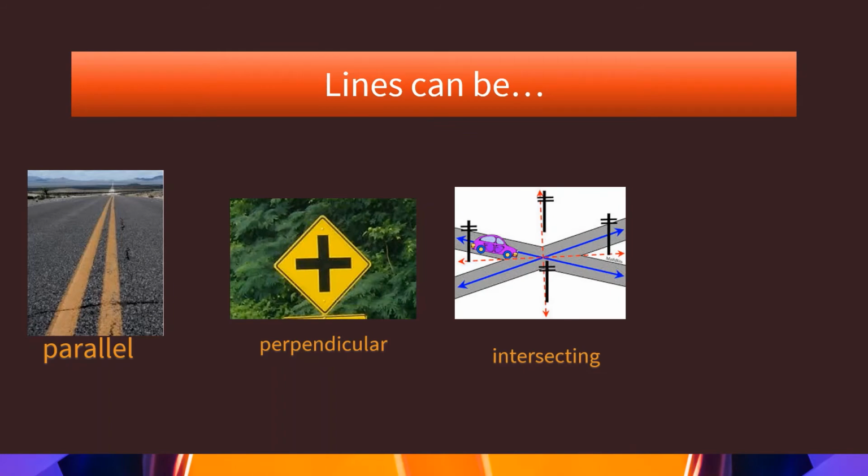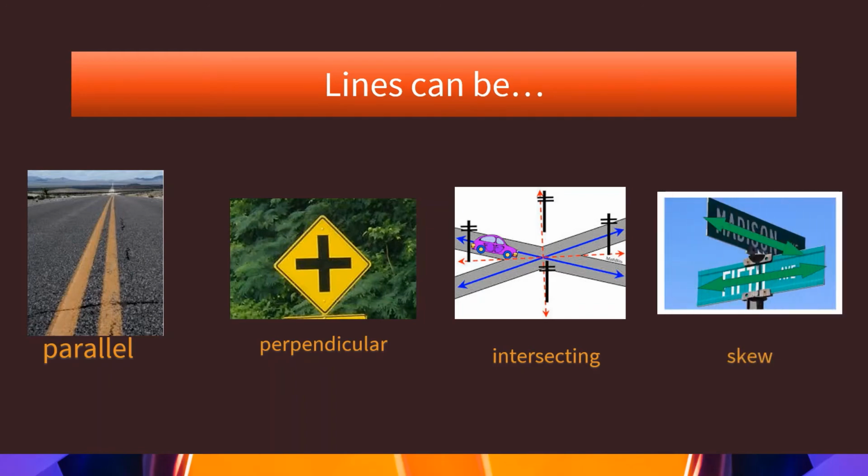Intersecting lines are on the same plane and cross each other, but not specifically forming 90 degrees. Another is what we call skew lines. Skew lines are lines that do not lie on the same plane, and of course, do not cross or do not intersect.